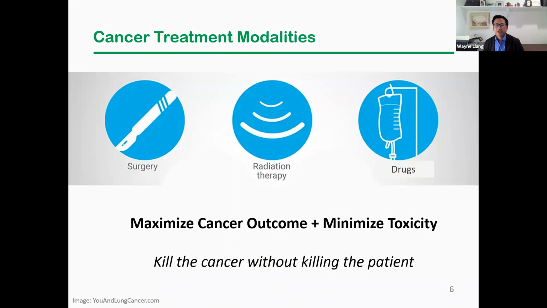When we talk about cancer treatments, there are basically 3 classes I like to think about. I'm a lumper, so I like to make things simple. You either cut it out, or you fry it, or provide energy to it, or you give medicines that treat the cancer. And for all these regimens, they're all harmful to the body, but the idea is to harm the cancer or kill the cancer without harming or killing the patient.